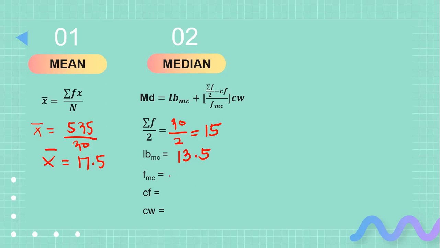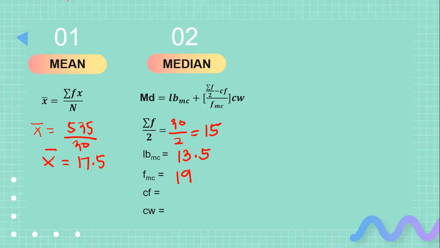So, ato ang frequency of median class mo to ang 19. Okay? Kaya nag-base ta sa cumulative frequency. Now, ato ang cumulative frequency class, pila man? Pila man ato ang cumulative frequency?